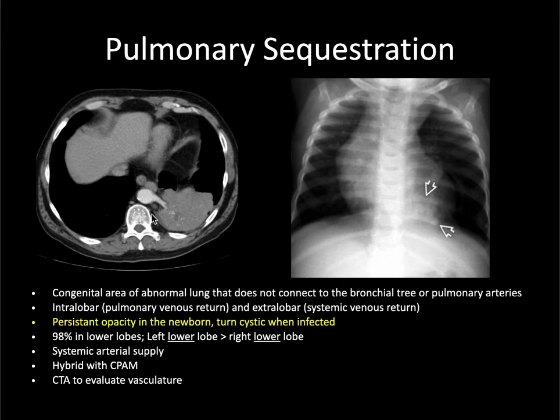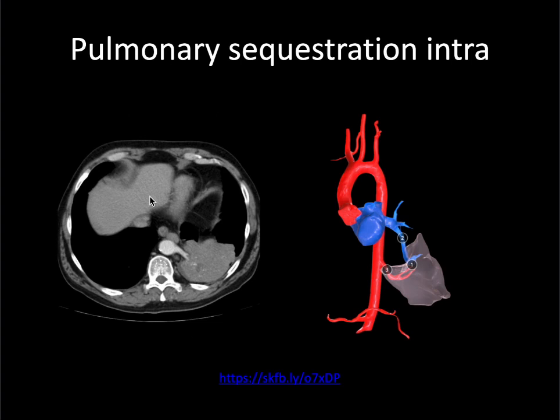So again, opacity in the lung showing up on CT and radiograph. You can see on the CT a systemic arterial supply straight into the aorta. This is a 3D representation of pulmonary sequestration.